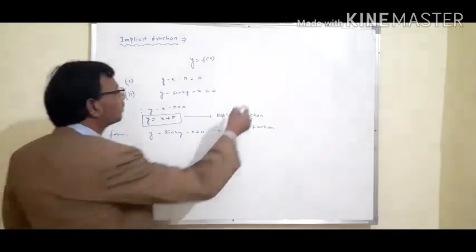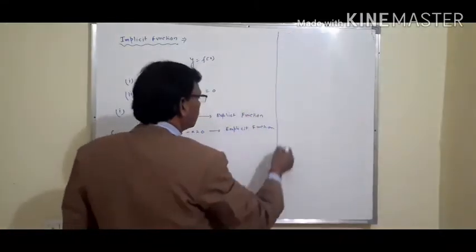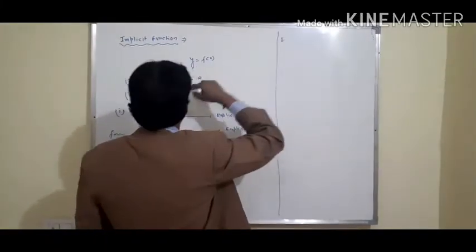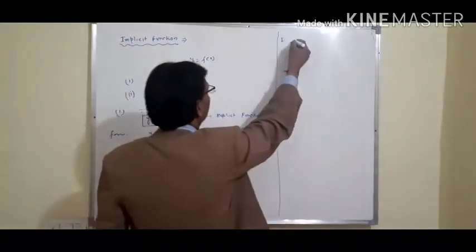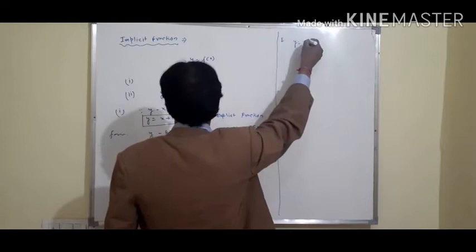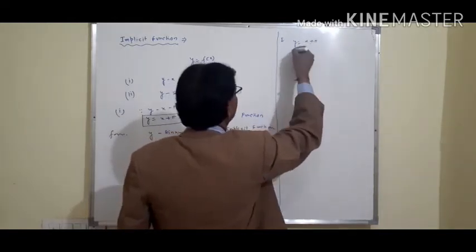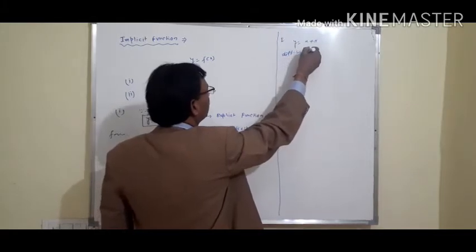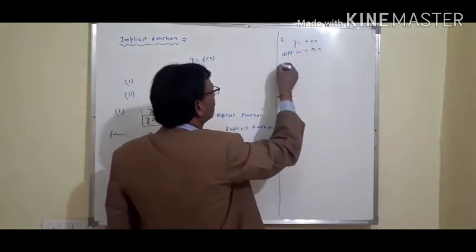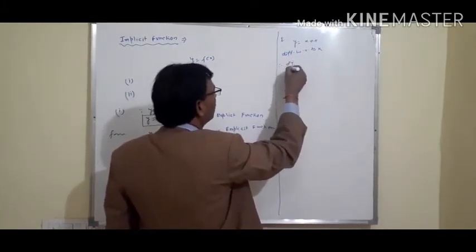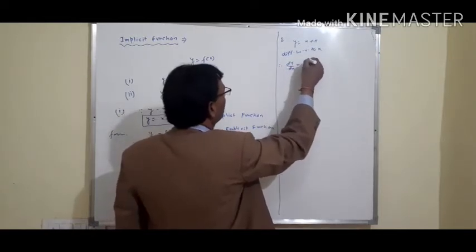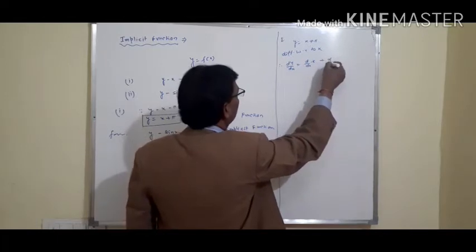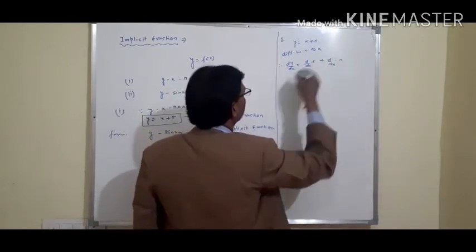Now the first case, y equal to x plus pi. As you know, differentiating with respect to x, therefore dy upon dx equal to d by dx of x plus d by dx of pi.